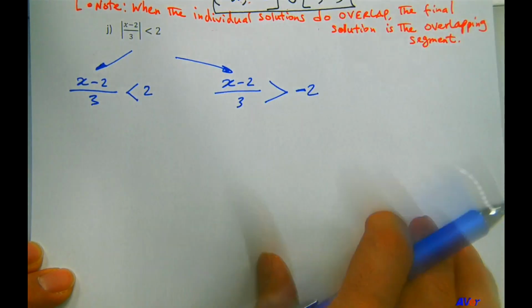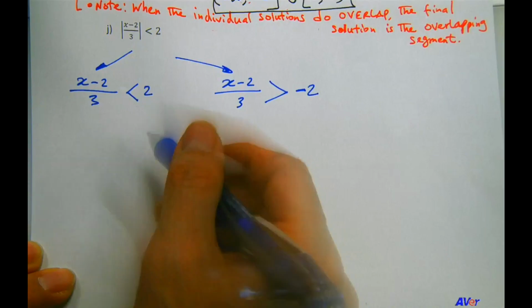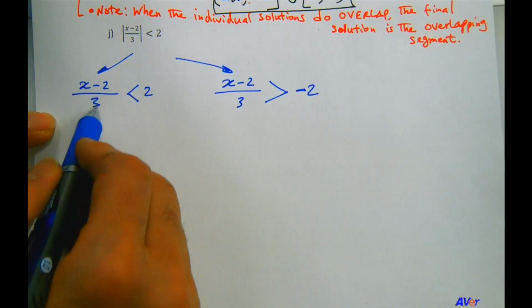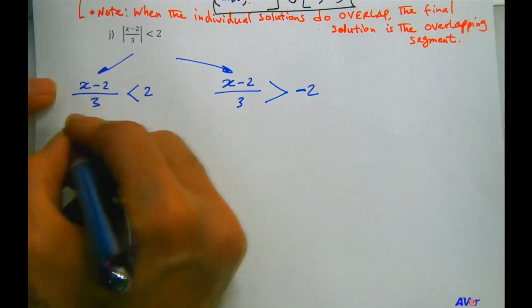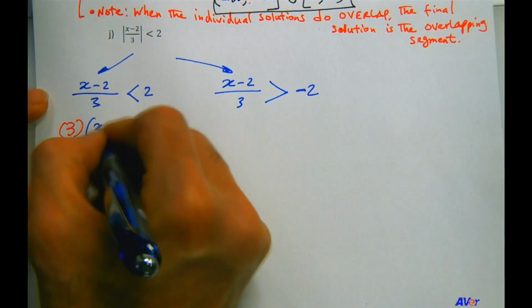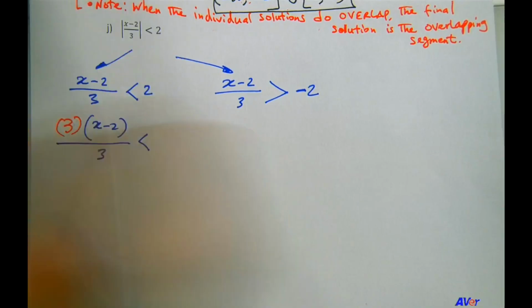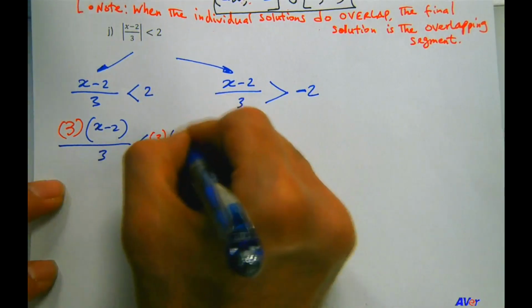Okay? So now we're going to find the individual solutions. Let's do that. Here, multiply both sides by +3. So we have 3 times x minus 2 divided by 3 less than 3 times 2.